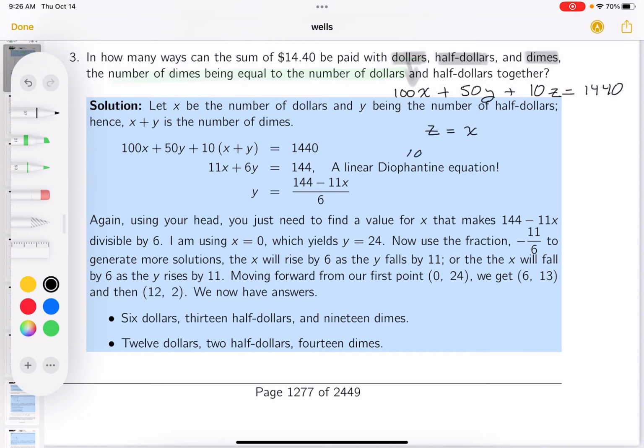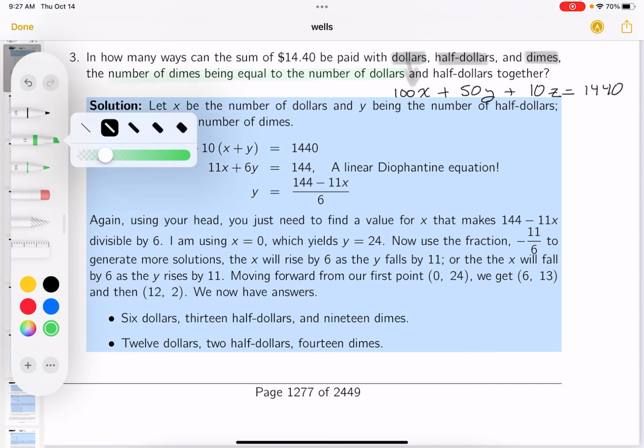I could write 100X plus 50Y plus 10Z is equal to X, right? 10X, 1440. Well, did they say anything else? No. Oh, wait a second. Did I write that right? I'm sorry. I didn't read it fully. I got to go back and erase it. And that's my problem. I didn't read it fully. Sorry about that.